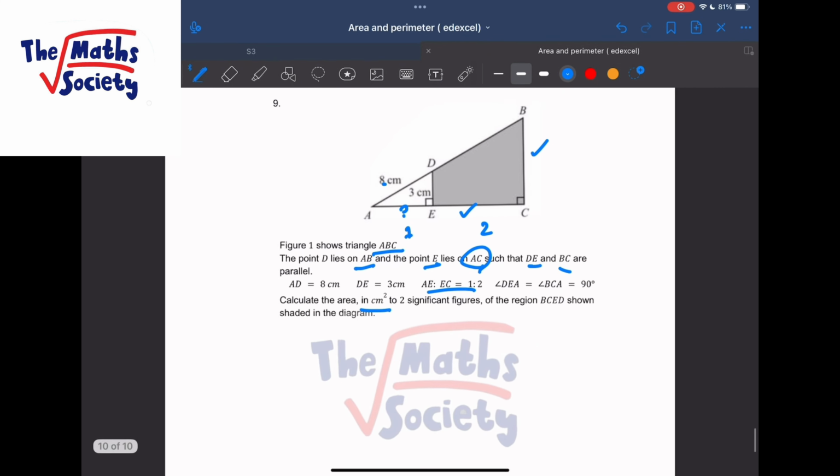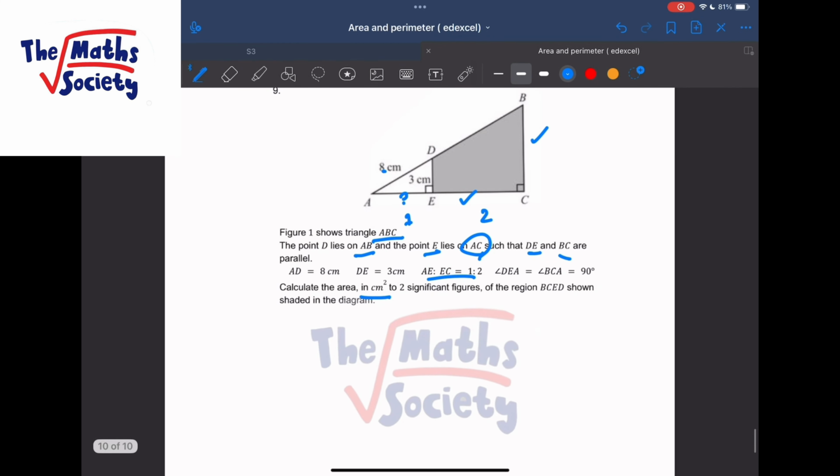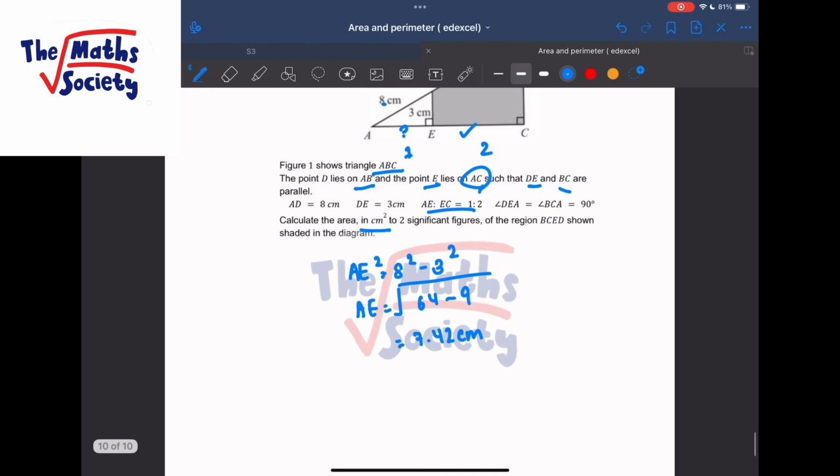So we can use the Pythagorean equation, which would be AE squared equals 8 squared minus 3 squared. So AE would be the square root of 64 minus 9, which would be equal to 7.42 centimeters. So that's what you will get for AE.